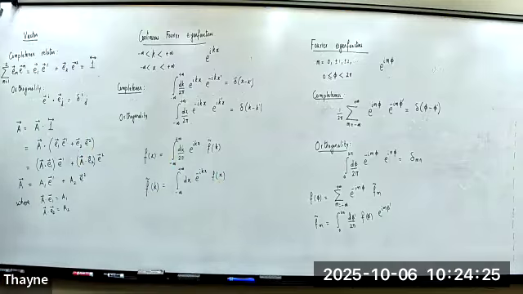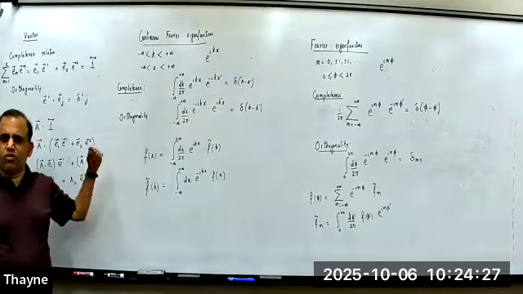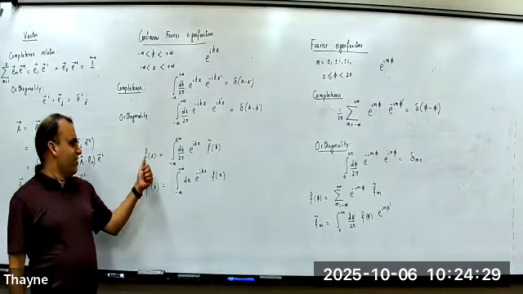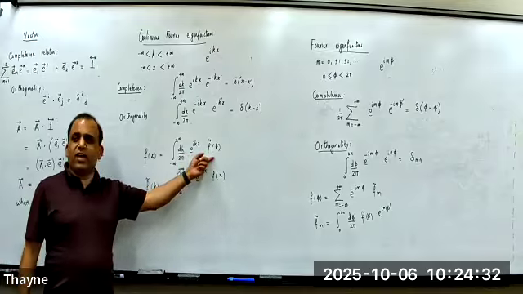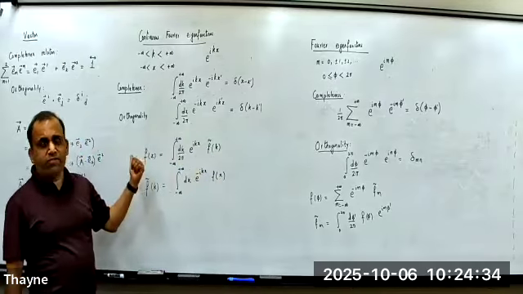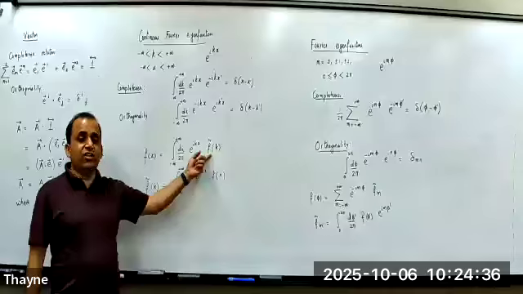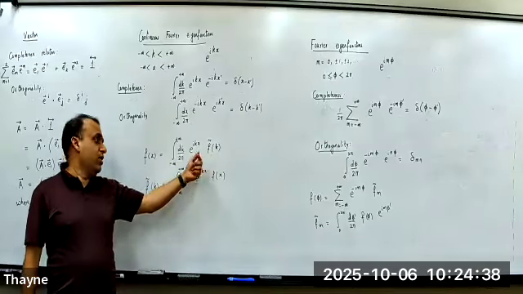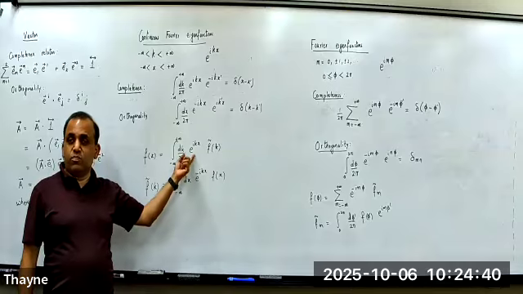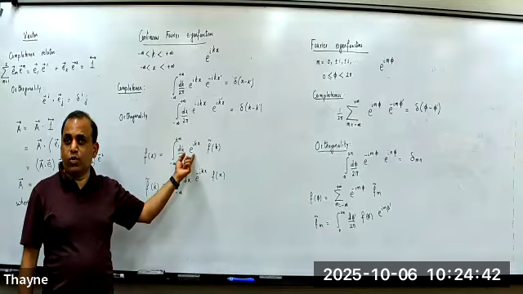Okay, so that will be mine. So these two will be the Fourier transform. You often say f tilde of k is the Fourier transform of f, or f tilde of k is the Fourier component of f of x in this eigenbasis.